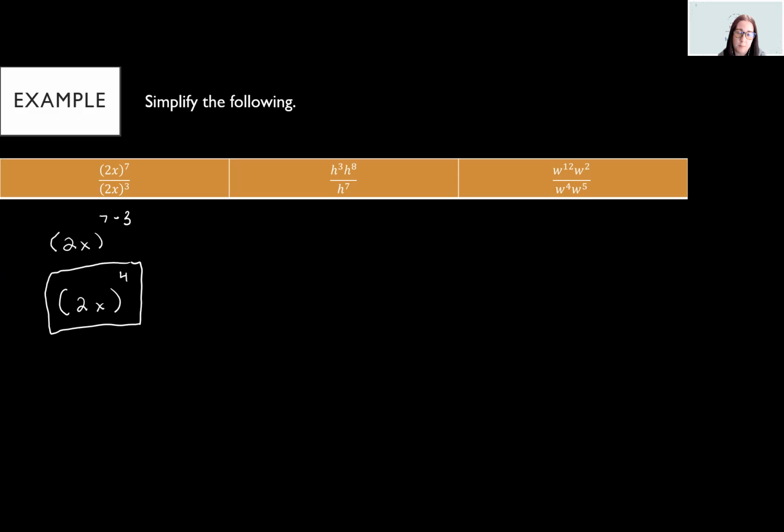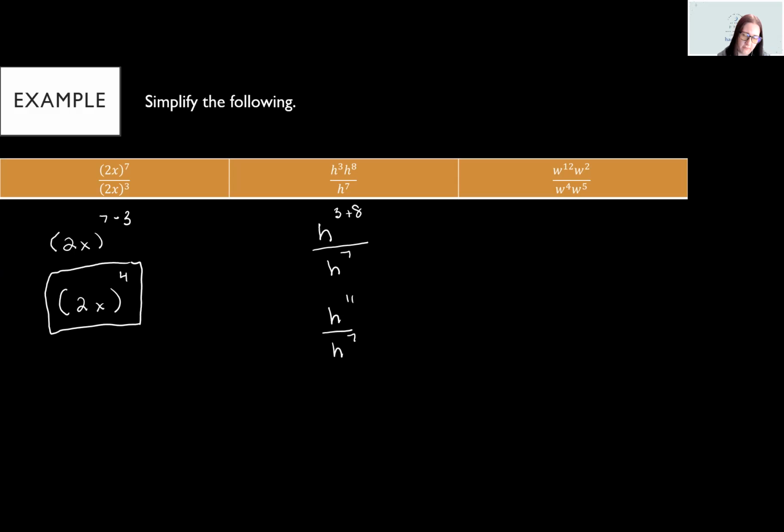On top, because we have h to the 3rd times h to the 8th, you add those exponents. So that's going to be h to the 3 plus 8 over h to the 7th. 3 plus 8 is 11, so we get h to the 11th over h to the 7th.